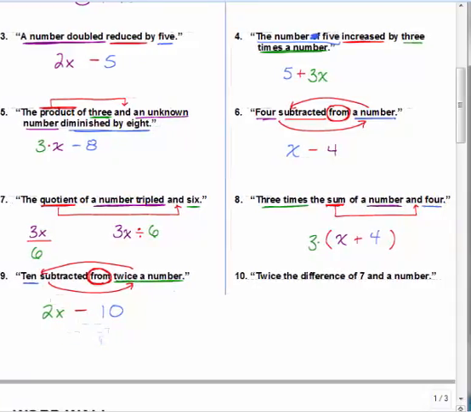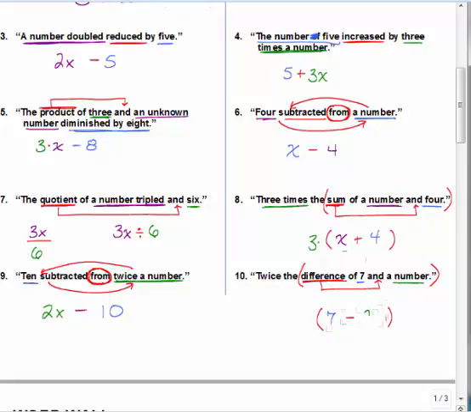All right, twice the difference of 7 and a number. A difference is a setup word. If you look carefully, difference means and. It sets up the word and. And remember how we said in the previous example, usually that's implied parentheses. All right, so if I do parentheses, and I know difference means subtract, so I'll take the number 7 minus a number.